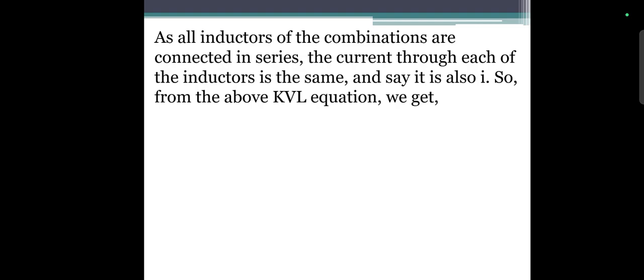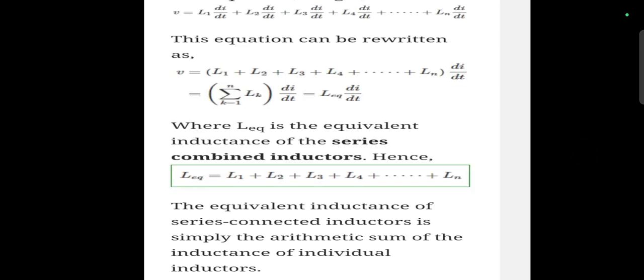From the above KVL equation we get V is equal to L1 di by dt plus L2 di by dt plus L3 di by dt plus L4 di by dt and so on, plus Ln di by dt.